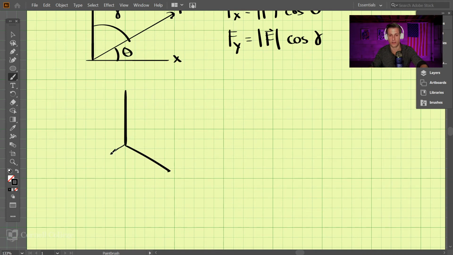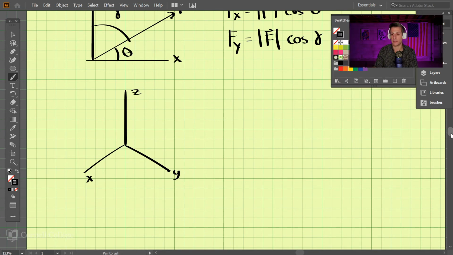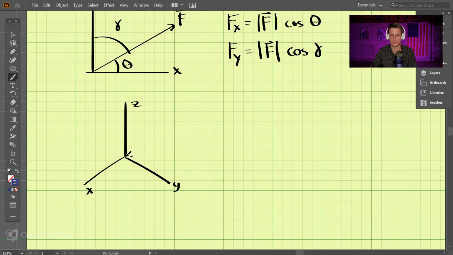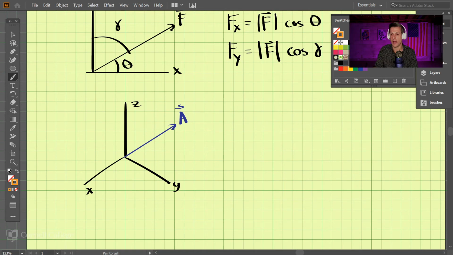So let's make sure that it's a right-handed coordinate system, x, y, z. All right, and let's draw a vector. And this is vector A here. And we'll be given angles here.